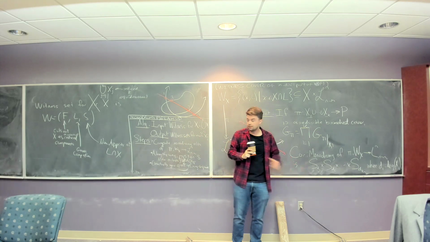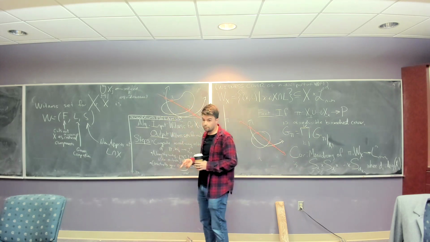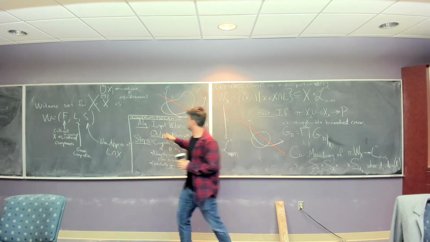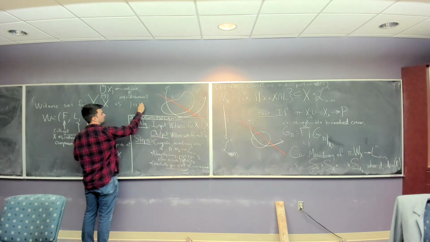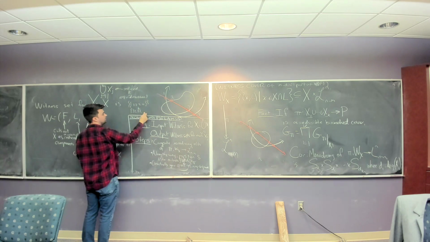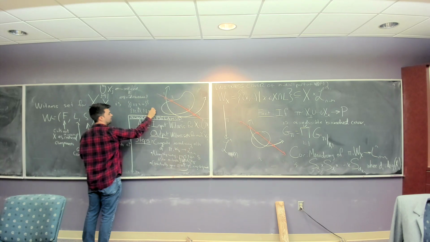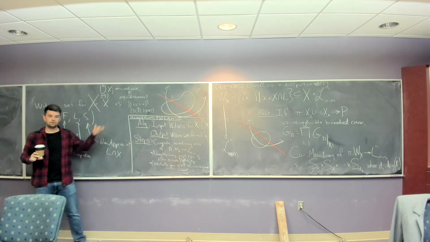After I do this loop and I see 2 and 3 swap, instead of having no idea anything about these points, I now know that 2 and 3 belong together. And I have no idea what's going on with 1 and 4. So I refined this set partition.